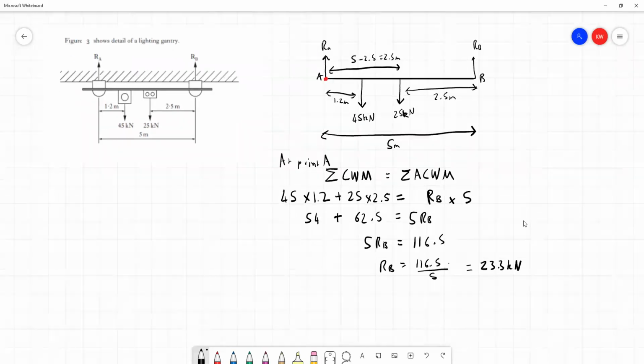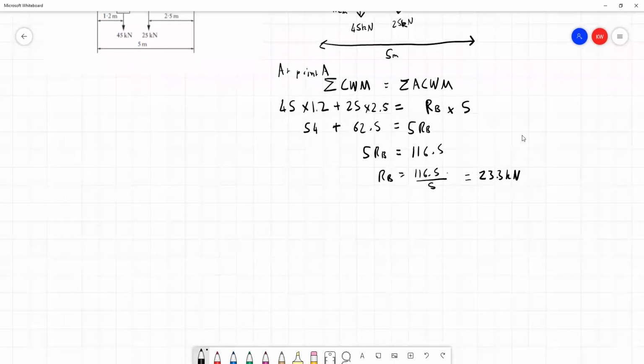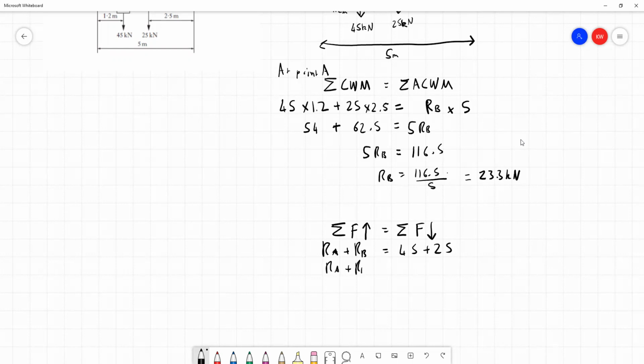So we're going to use another piece of information that we have about a static system, and that is that the sum of all the forces acting upwards must be equal to the sum of all the forces acting downwards. That's what the sigma sign means. I should have reintroduced that. So our upward forces from our diagram are RA and RB, and our downward forces are 45 and 25, which means that RA plus RB is equal to 70 kilonewtons.